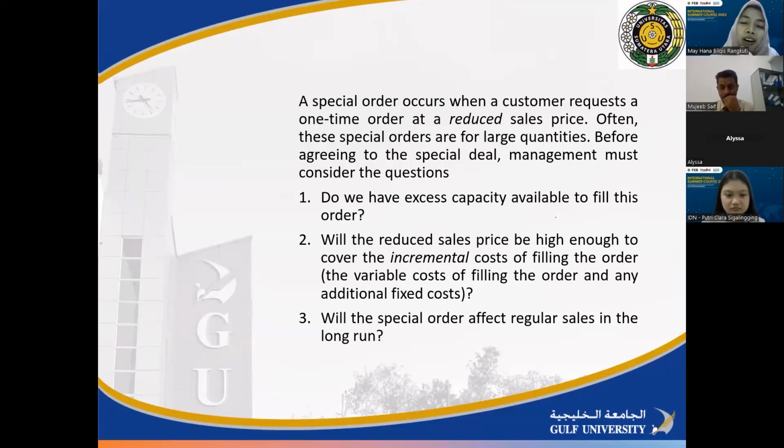But based on the consideration of special orders and contribution margin, will accepting this special order open up new business opportunities? Can we use a special order to create or open up a new business opportunity?